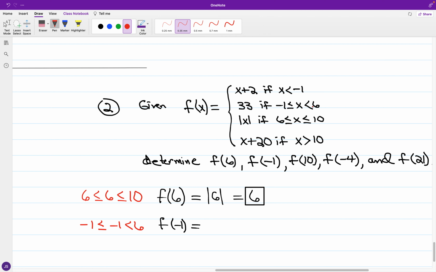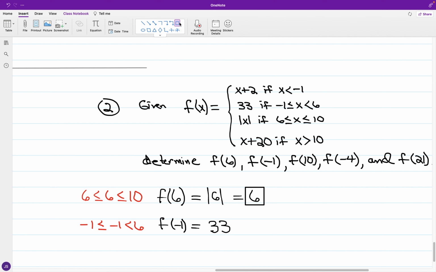So you had the second inequality to apply, and anything between negative 1 and 6 in this fashion results in a constant function, where f of anything between negative 1 and 6 results in the constant value of 33. So f of negative 1 is equal to 33.